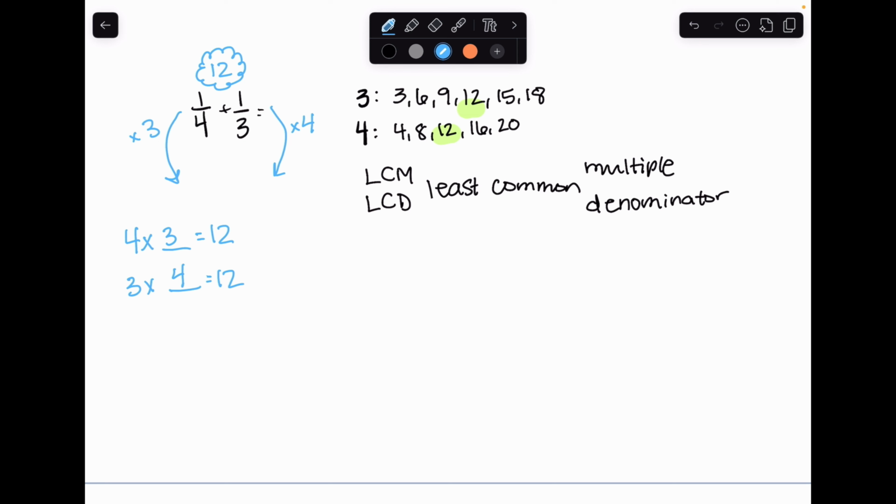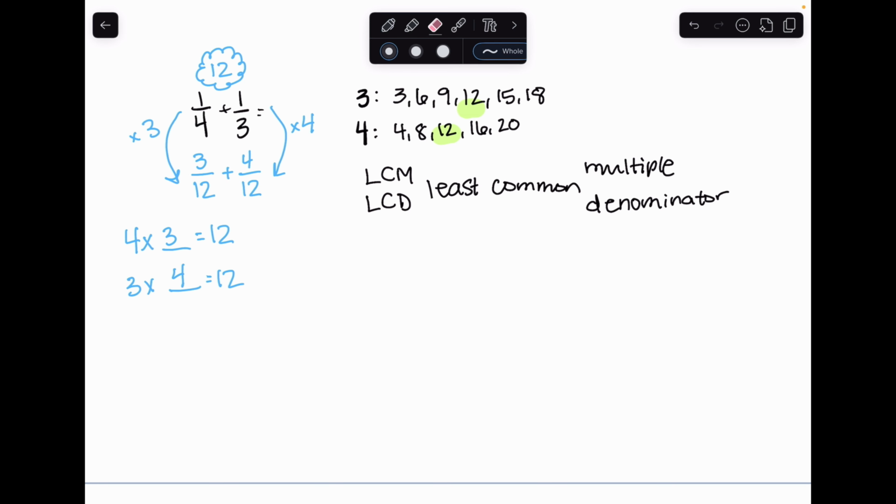So I've got my multipliers on each side. Now I'm going to multiply the entire fraction by whatever multiplier I have. So 1 times 3 is 3, and 4 times 3 is 12. For the other side, 1 times 4 is 4, and 3 times 4 is 12.